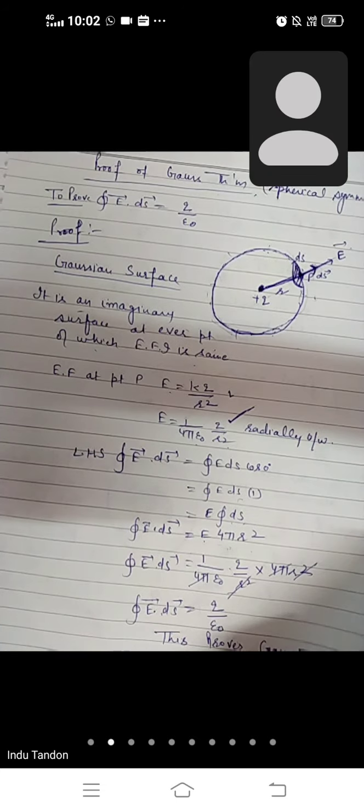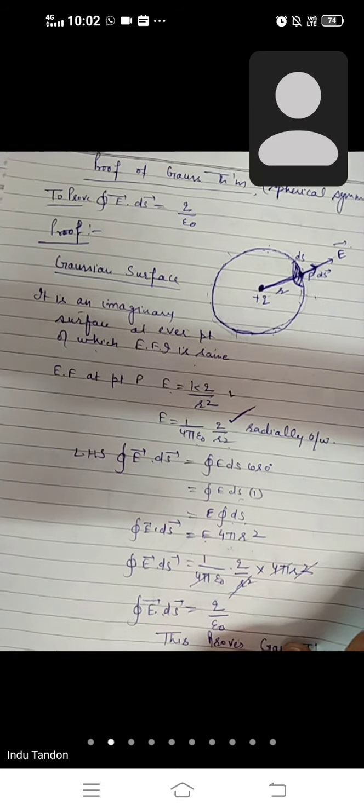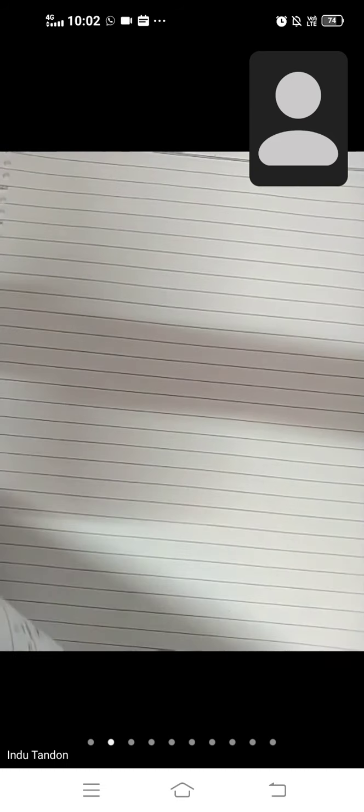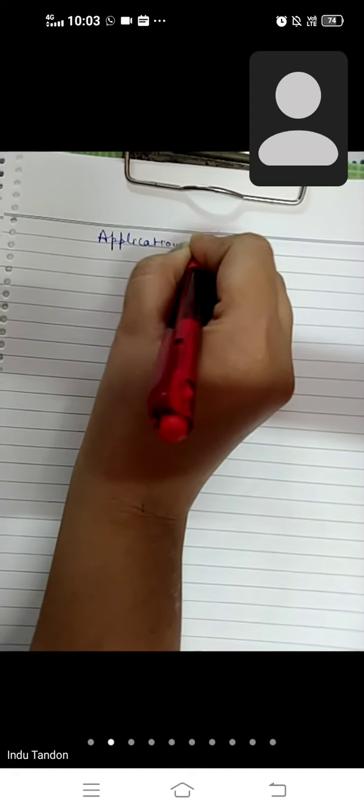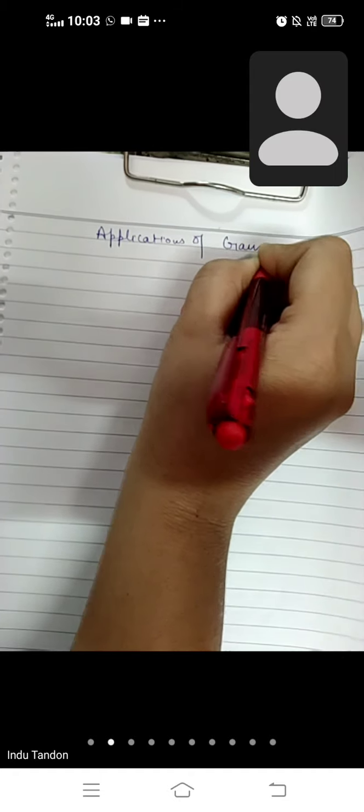No, this time it is not in the syllabus, beta. Next is the application of Gauss theorem. Very important. Applications of Gauss theorem.